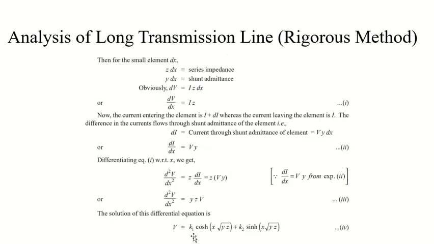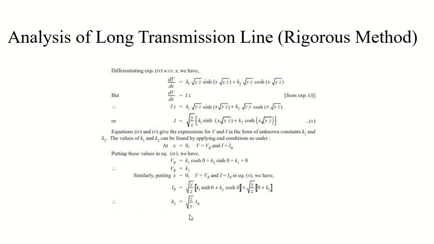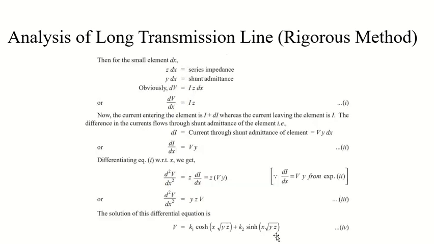So substituting here, we have V equals VR cosh x root yz plus under root of z by y into IR sinh x under root of yz.